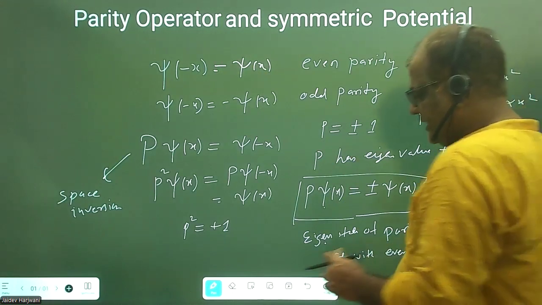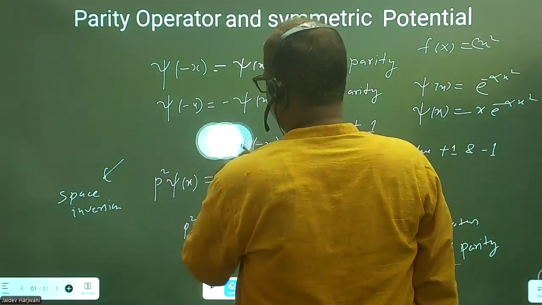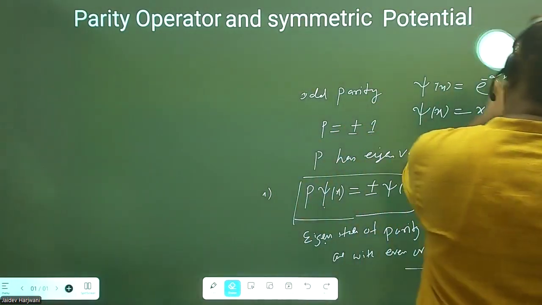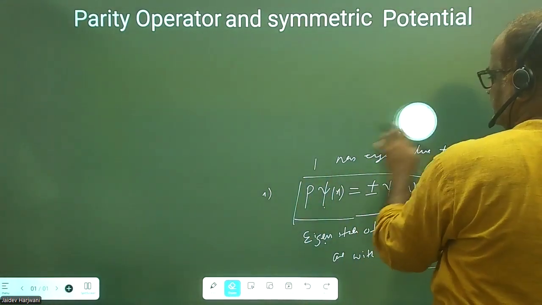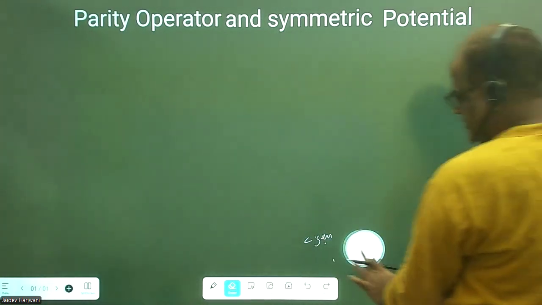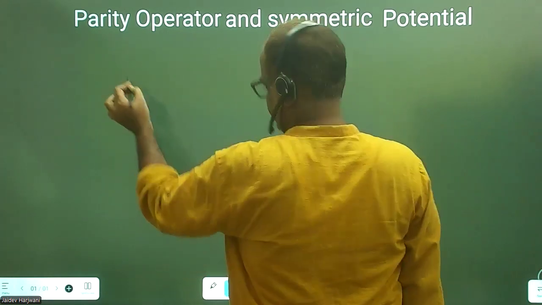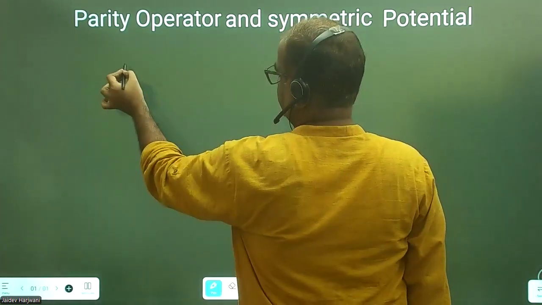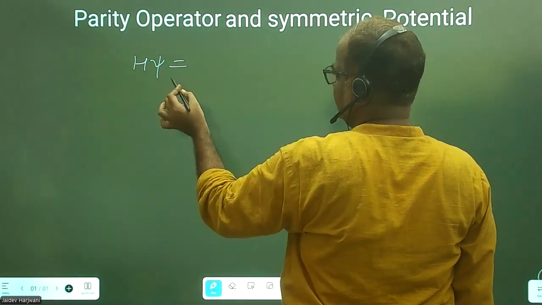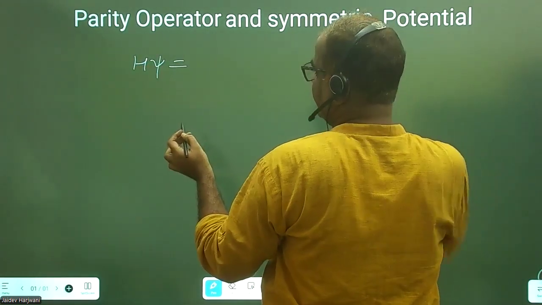Let us write a Schrodinger equation. The time independent Schrodinger equation is H psi equal to E psi.